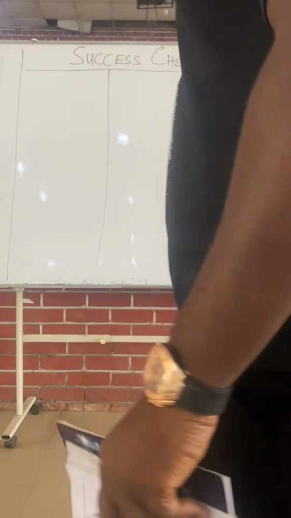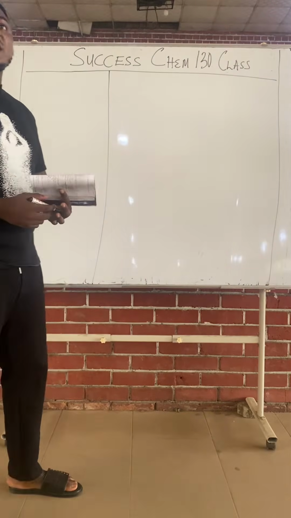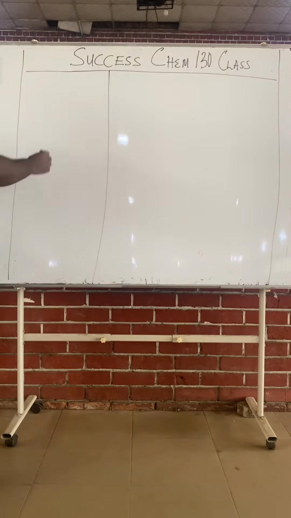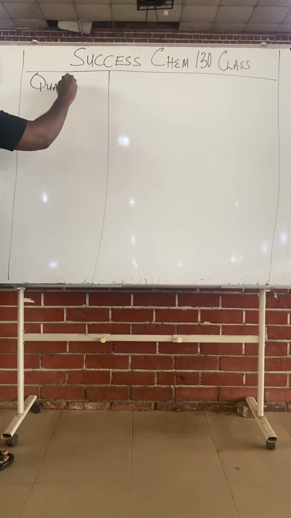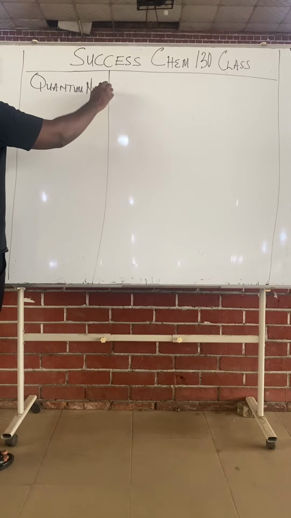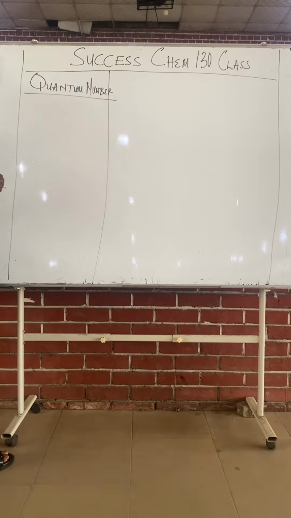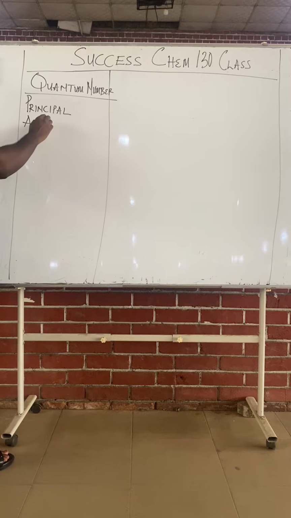So actually on Saturday we stopped at spin quantum number. We told you that we have 4 types of quantum number. I will say we have 4 types: we have principal, we have azimuthal.